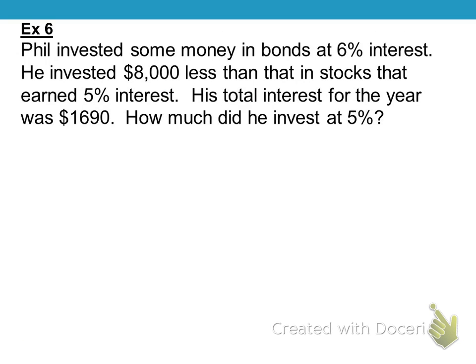This says Phil invested some money in bonds at 6% interest. He invests $8,000 less than that in stocks that earn 5% interest. His total interest for the year was $1,690. How much did he invest at 5%?